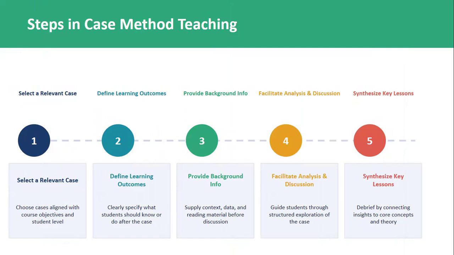Second, define clear learning outcomes. Third, provide sufficient background information. Fourth, facilitate analysis and structure the discussions. Finally, synthesize the key lessons and connect them to theory. Without proper planning, case discussions can become unfocused and biased.